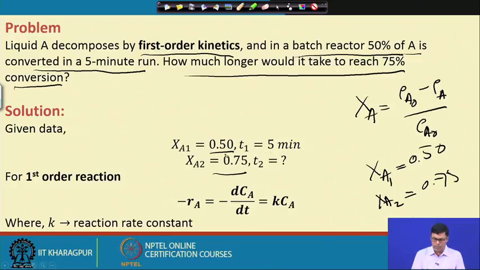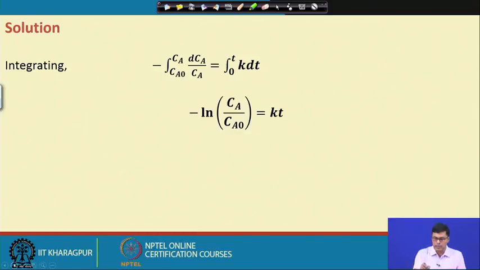So, this is exactly what is written there: at 5 minutes xA is 0.5, and x2 is 0.75. And what is the rate expression that we have? Minus rA equal to minus dCA by dt equal to k into CA, because it follows first order kinetics. Now, if you solve this, we get the equation ln(CA0/CA) equal to k t.